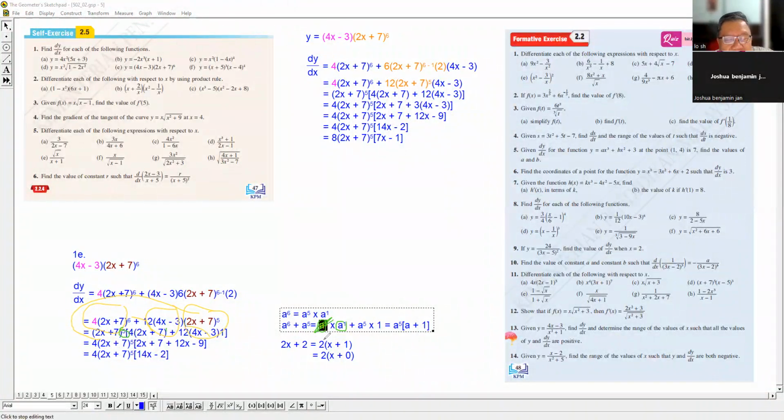The rest, I didn't do anything because I just take out the 5 only. Then this one I didn't take out, so it's still inside here.